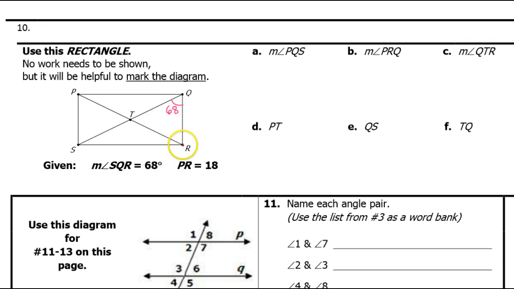I see an N shape, kind of like the letter N. It might be a little upside down. Or you can look at it as a Z that has fallen on its side. But the point is, since QR and PS are parallel, then these alternate interior angles will be congruent. So this will be 68.